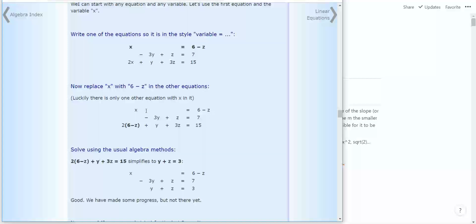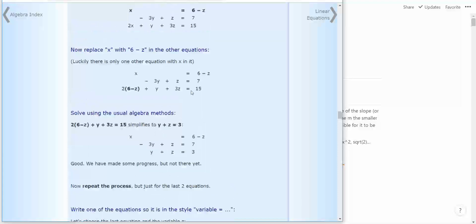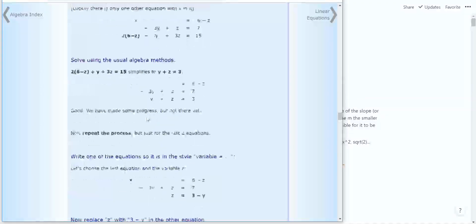Keep in mind that the first one remains as is. So you get this. That's 12, move to the other side. That's 3. Then you've got negative 2z plus 3. That's 1z, and then the y. That's what you get there.